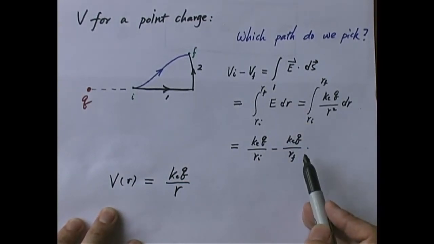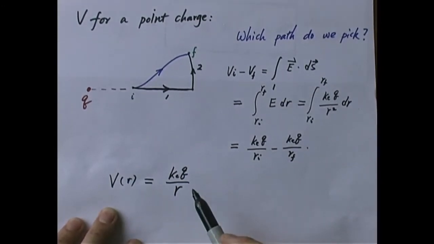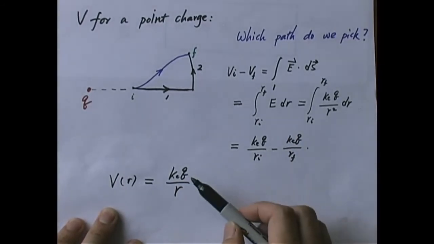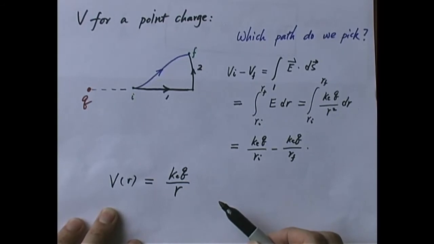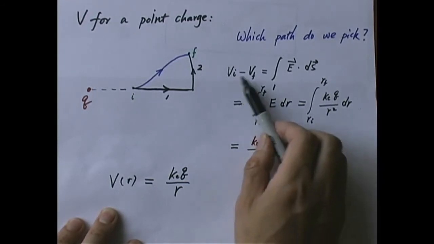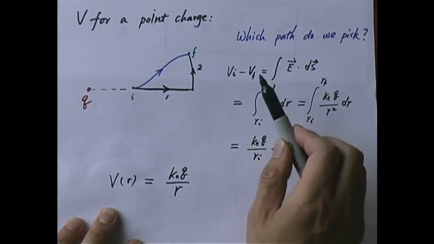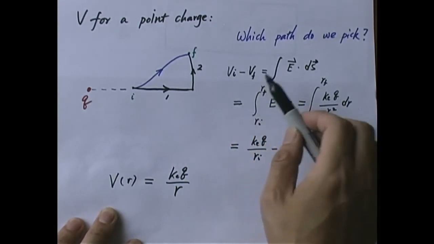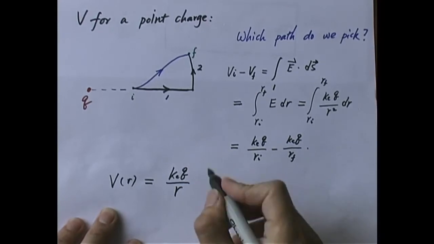But of course, as you recall from Physics 1A, when it comes to potential energy, the zero point of potential energy can be defined any way you want, just like what we learned before for gravitational potential energy. As long as the difference stays the same, the potential itself, I can always add a constant if I want to.